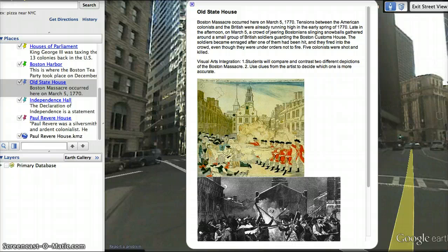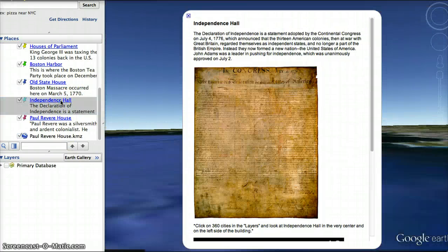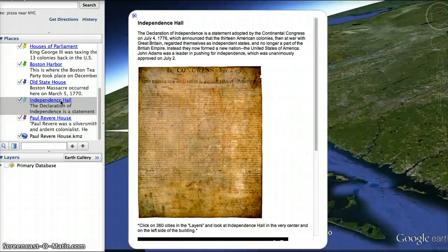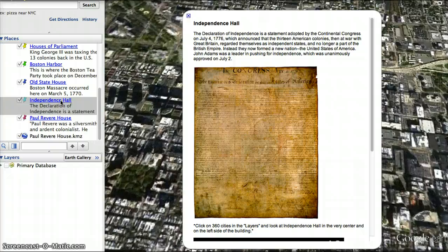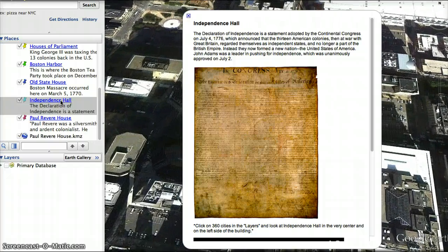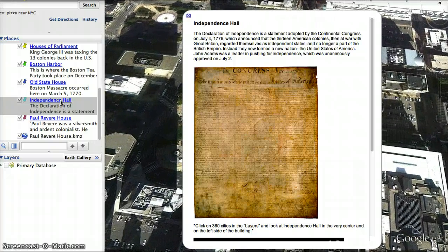Another important place that we'll be talking about for this unit is Independence Hall. So let's go over there. Do any of you know what Independence Hall is best known for? This is where the Declaration of Independence was signed on July 4th, 1776, which announced the 13 American colonies regarded themselves as independent states and no longer a part of the British Empire.